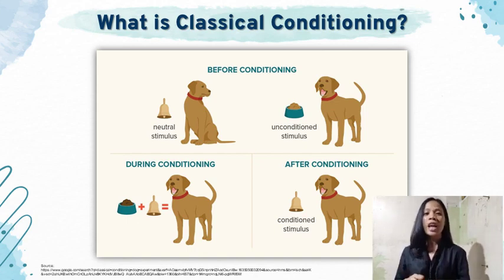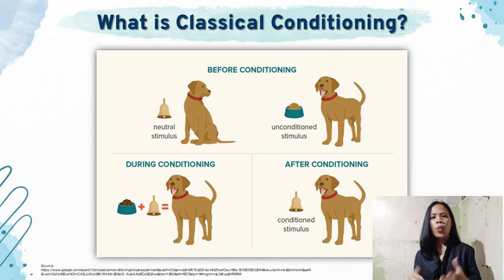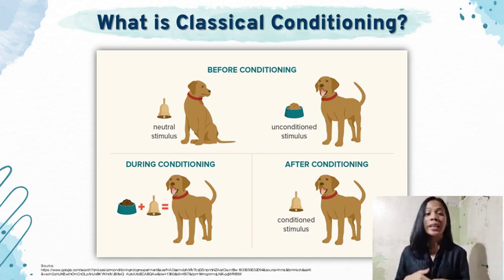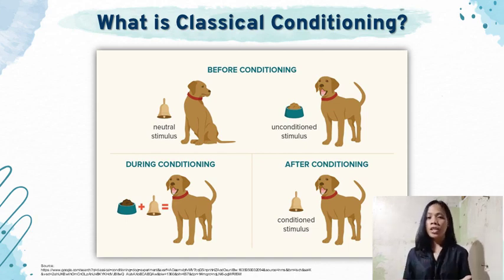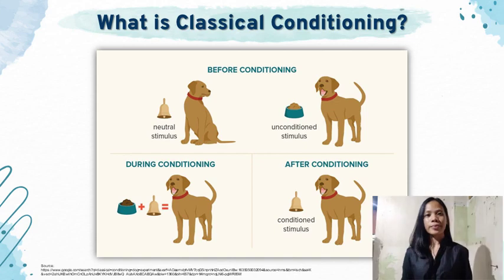Simulating now Pavlov's experiment: during the conditioning, when we ring the bell and at the same time present the dog with the food, he naturally salivates, not because of the bell, which is a neutral stimulus, but because of the food, which is the unconditioned stimulus.